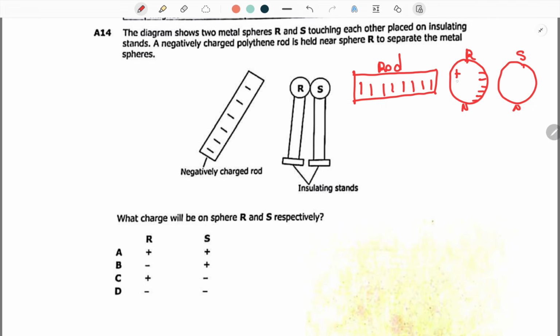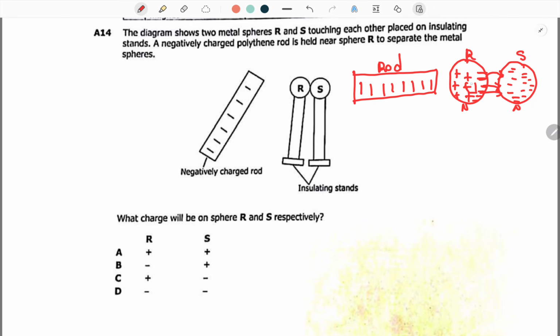The positive charges will be attracted to this particular end. Because of repulsion, the negative charges will move to the other sphere, and then this sphere will remain positive.